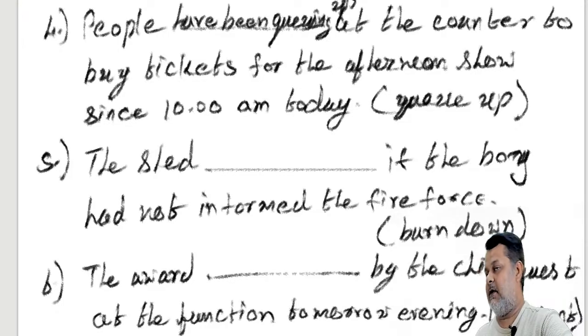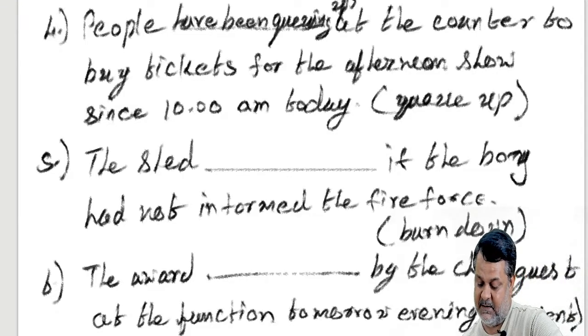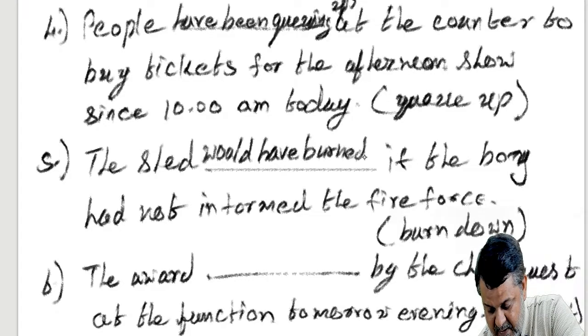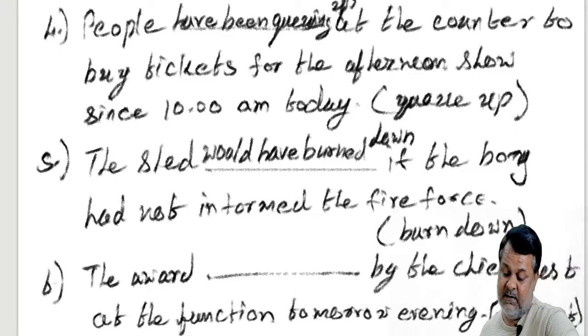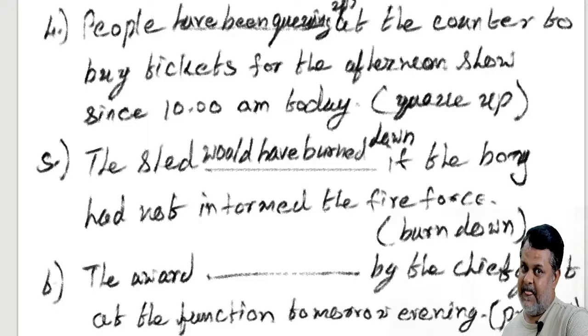The boy already informed the fire force. So what would come here? Burn down. Would have burned down. The shed would have burned down if the boy had not informed the fire force. All right.